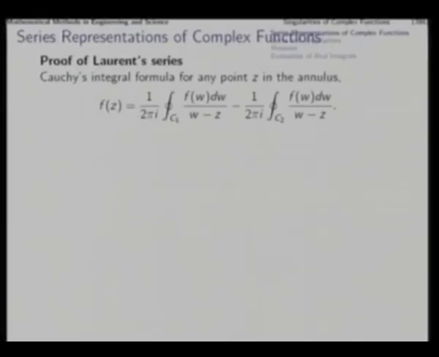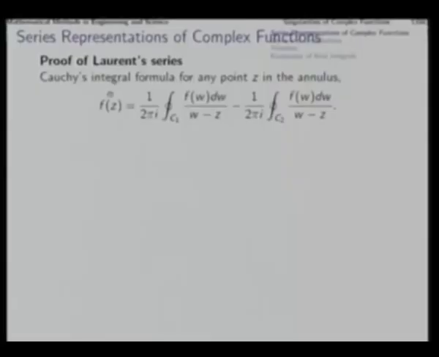We already know that Cauchy's integral formula for any point in the annulus gives us this: if there is no singularity outside C2 and inside C1, that is, everywhere the function is analytic, then from Cauchy's integral formula we know that the function f(z) at any point z in the annulus is given by this outer integral minus this inner integral. This we have already seen in the last lesson.